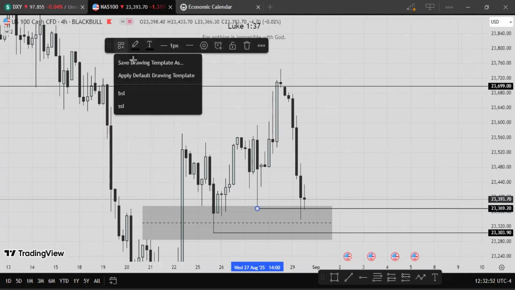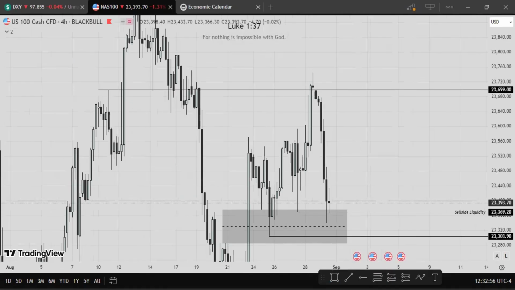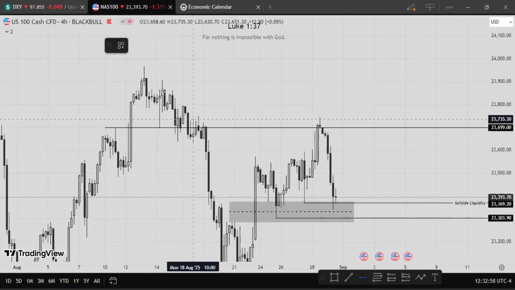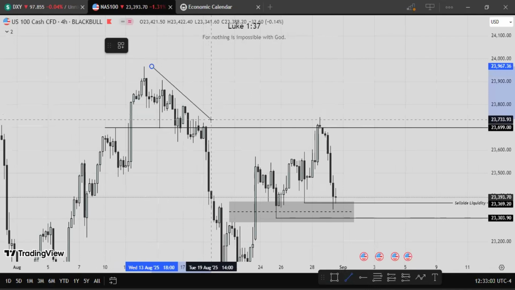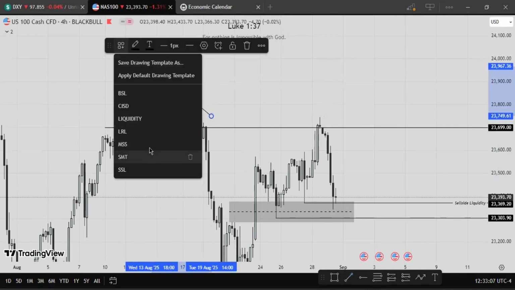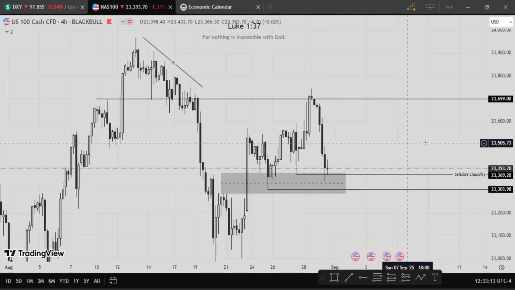So this is some sell side that we swept. So I'm still expecting these highs here to get taken. All these highs here, that's low resistance. We don't have any manipulation that happened there. So I'm expecting us to come for these highs here.